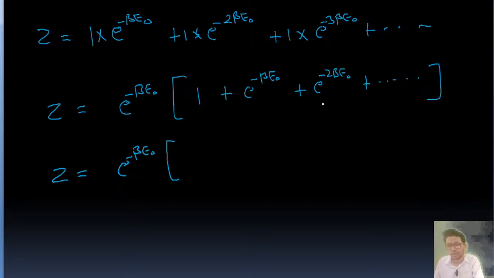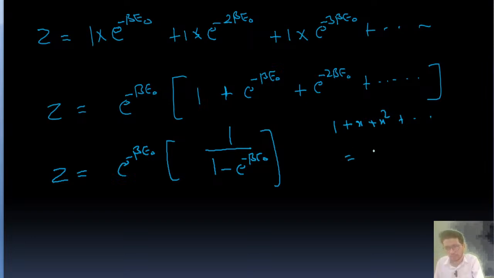So this is a series, and the sum of this series is going to be 1 into 1 minus e to the power minus beta E, right? If we have a solution like this, we know 1 upon x, 1 plus x square plus so on. So the sum of this series is going to be 1 upon 1 minus x, right? In this way.